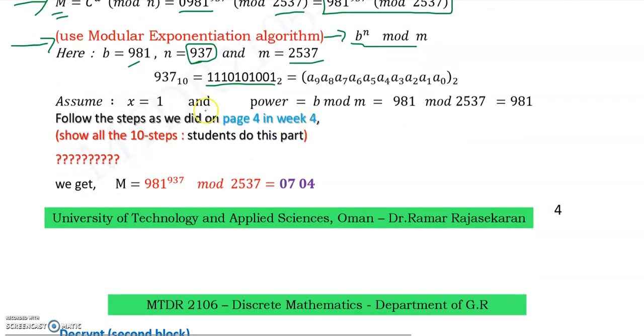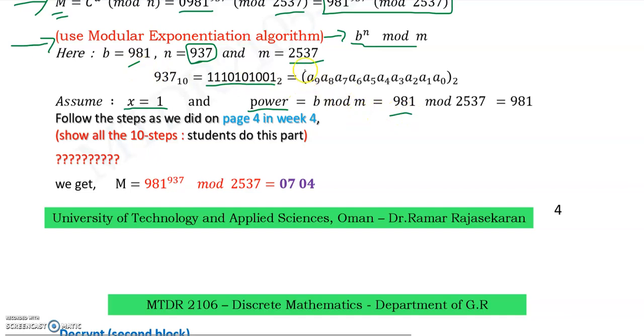To apply this modular exponentiation, first we assume the value of x is 1. This is given in the algorithm which we saw last week. Now how to find the power? The power is nothing but b modulo m. What is b here? 981.